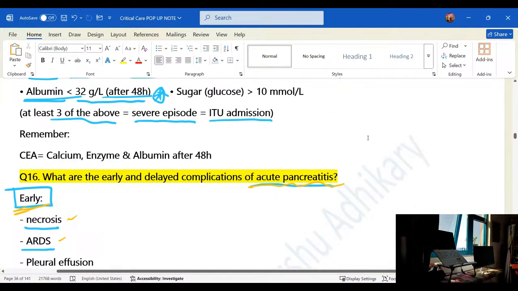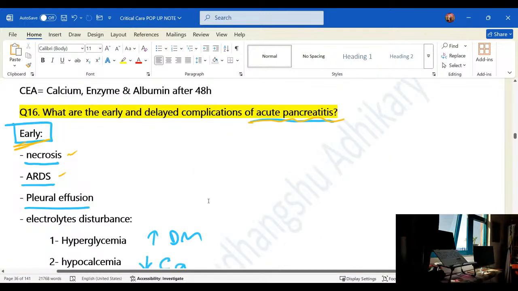What are the early and delayed complications of acute pancreatitis?